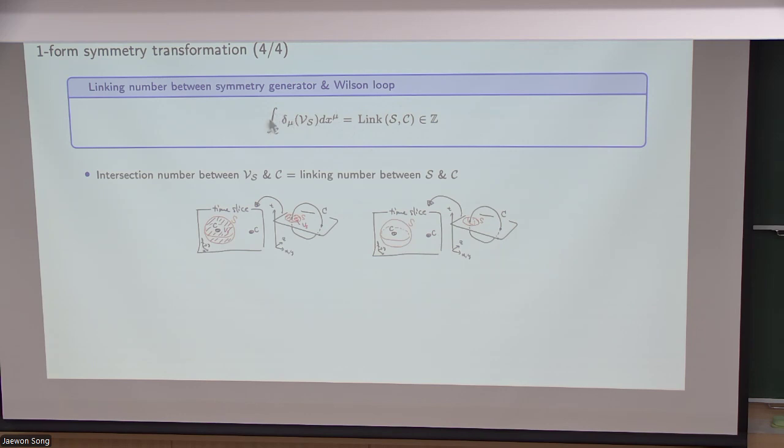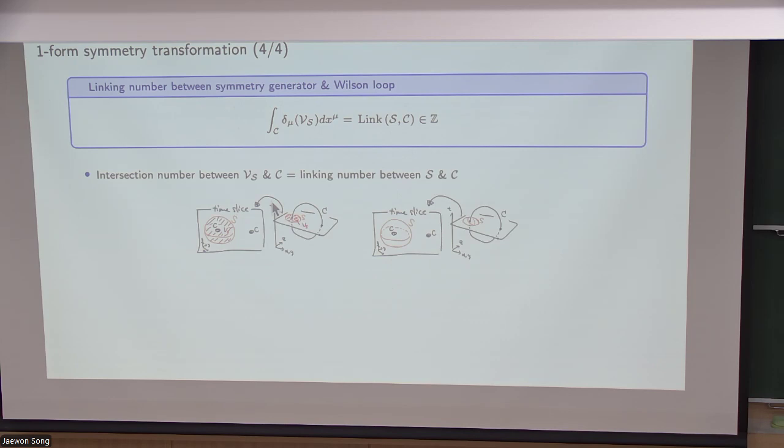This delta function means that this is only non-zero where C and the surface intersect each other. So if they intersect, S encloses C, so S is linked with C. So this integral gives us the linking number between S and C.